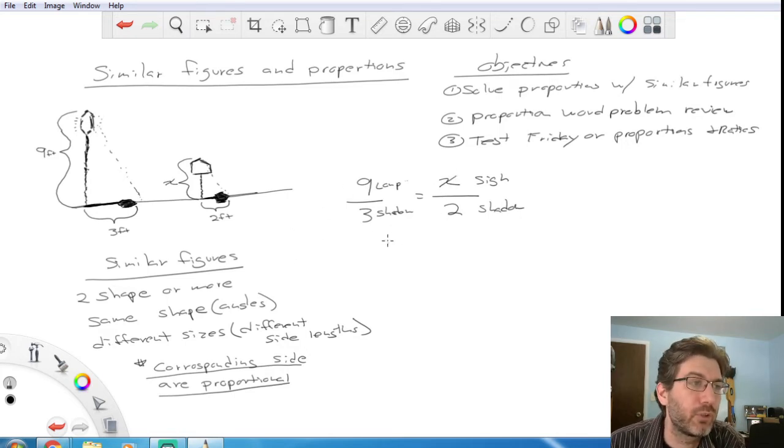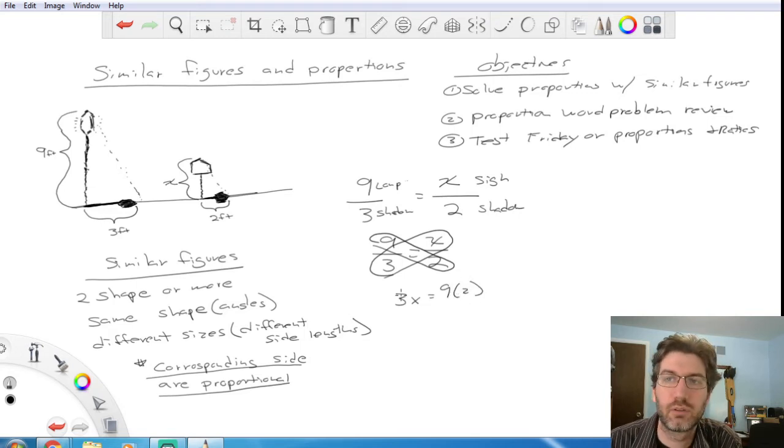Once you set up the proportion, if I get rid of the words, it looks like this. You can cross multiply to solve. So 3x is equal to 9 times 2, which is equal to 18 equals 3x.